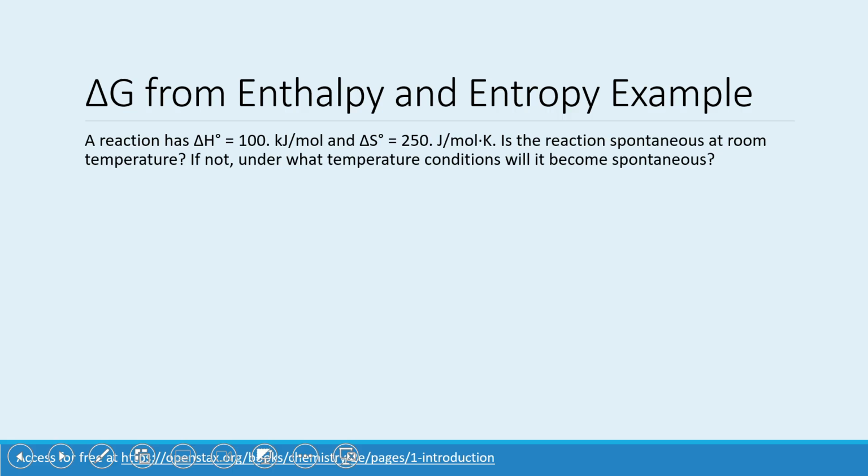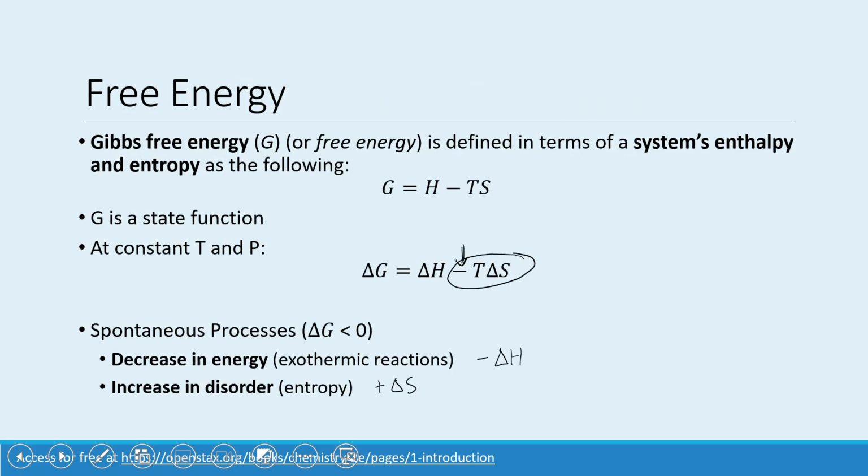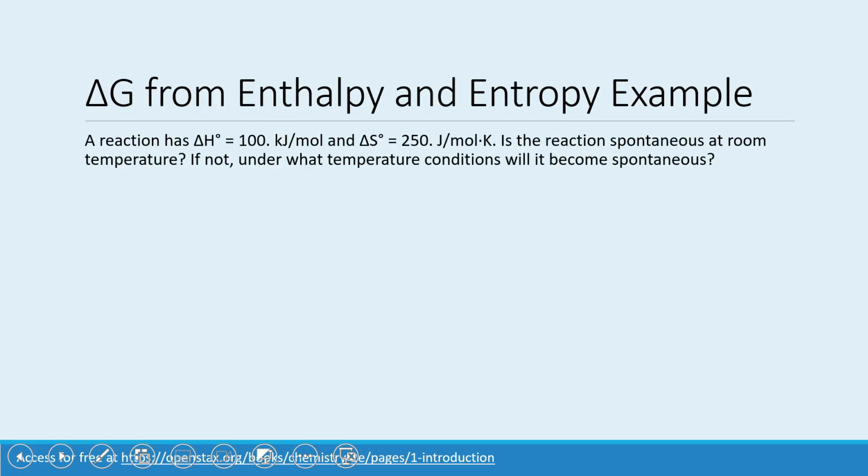So let's take a moment to use that equation that we just saw for free energy, the change in free energy in terms of enthalpy and entropy, and calculate what that delta G value is. So in the question, we're given the standard enthalpy is 100 kilojoules per mole, and the standard change in entropy is 250 joules per mole Kelvin.